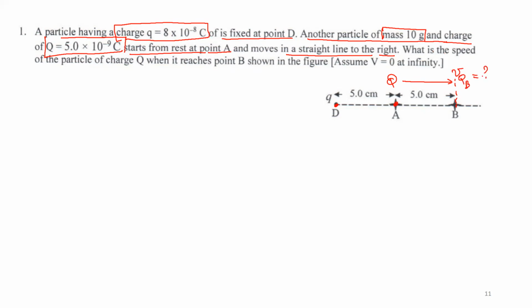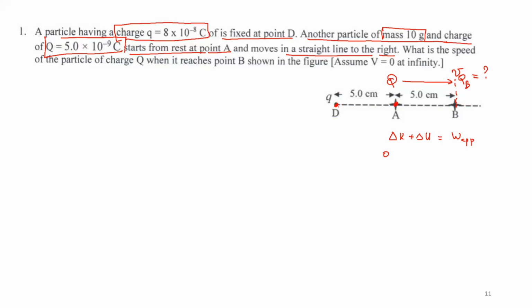So how do you do it? I can use conservation of mechanical energy. Delta K plus delta U is equal to work applied. Now what's delta K? Of course, it will be delta K of this particle at rest, which is 0, because this particle is fixed.